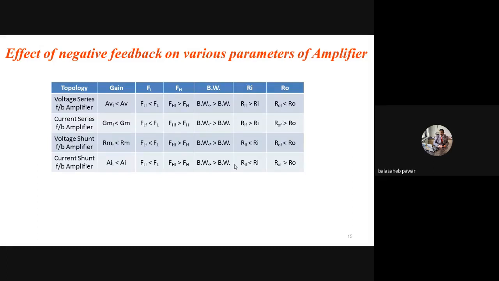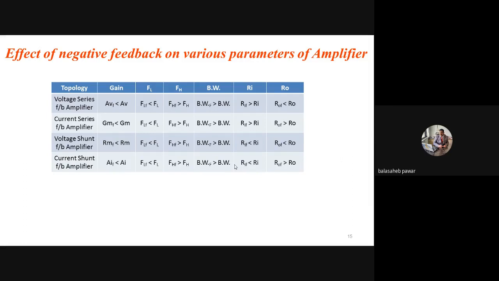Do you agree? Because for an ideal voltage amplifier, as its input is also voltage, it is infinite. Those two lines you have to remember, which I suggested you note down.